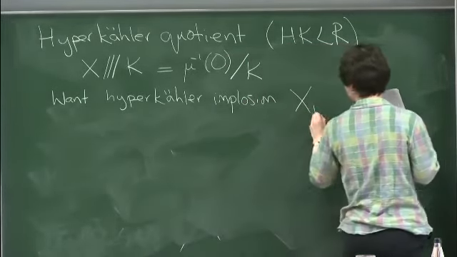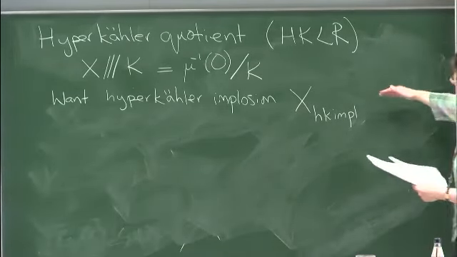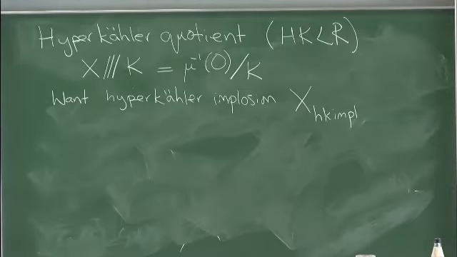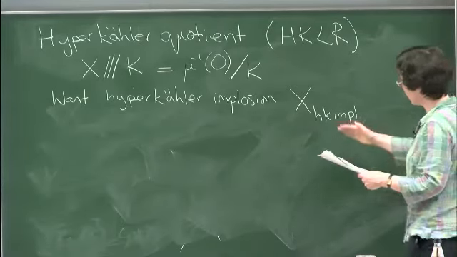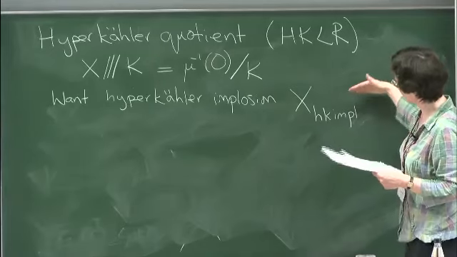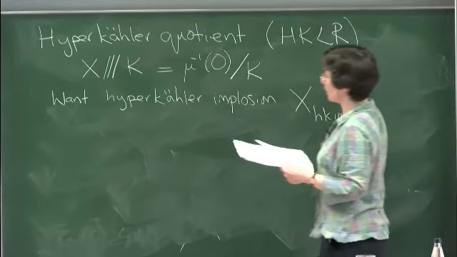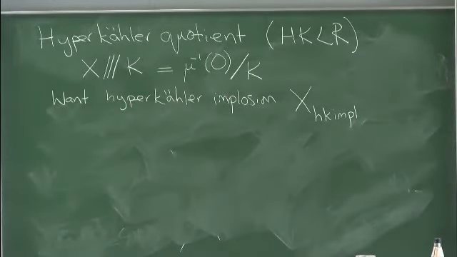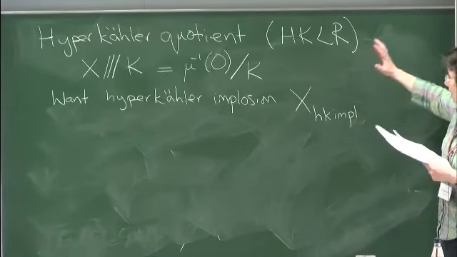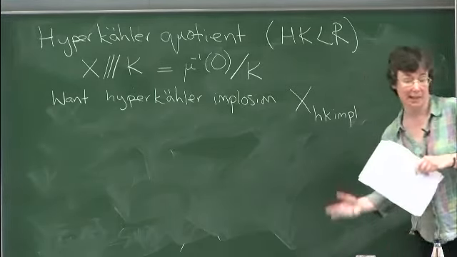And what we'd like it to have is some sort of stratified Hyperkahler structure, and we'd like it to have an induced action of the torus, and we'd like the quotient of this thing by the torus to be the same as the Hyperkahler quotient of X by K. But as I was just saying, we'll have, in some sense, maybe gained by reducing the action to a torus action, and particularly in a Hyperkahler situation, torus actions tend to be much better behaved.